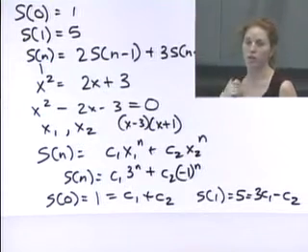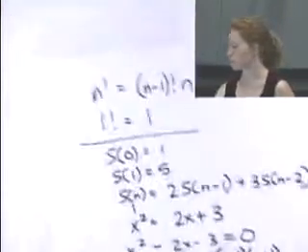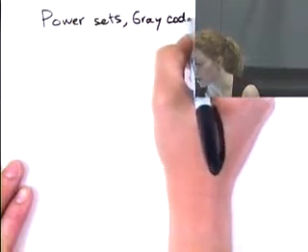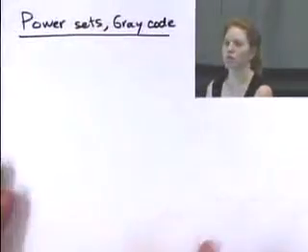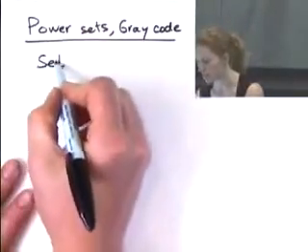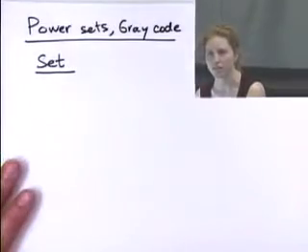So the problem we've been working on before this was the power sets and binary gray codes, right? So our all-encompassing problem was the power sets and gray code problem, which ended up being the same thing. Right? So that problem, we've already shown that it has sets in there.